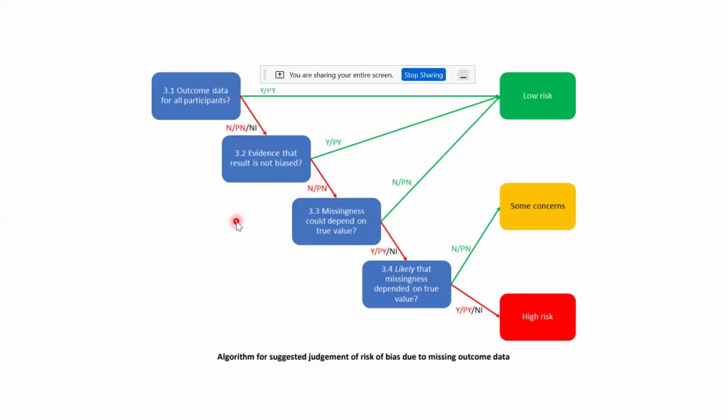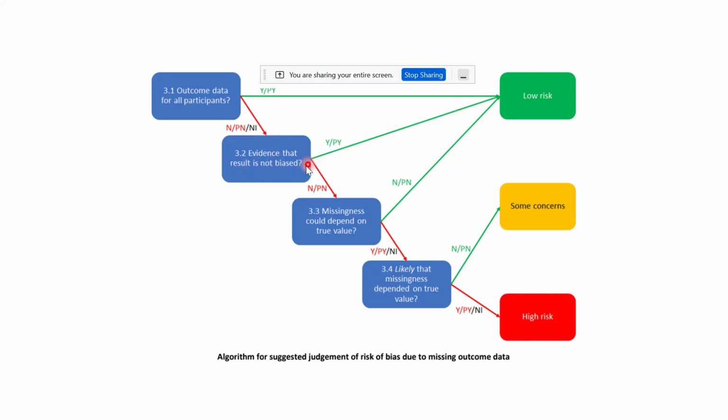There may be legitimate reasons, mentioned earlier in the protocol, for which the participants' outcome data is not available, such as some participant has experienced an adverse event, for which they were not allowed to be administered the intervention. If it is so, we again go to low risk.